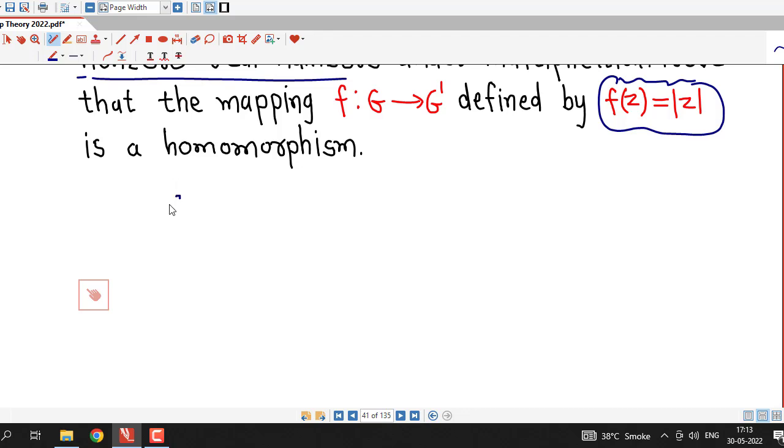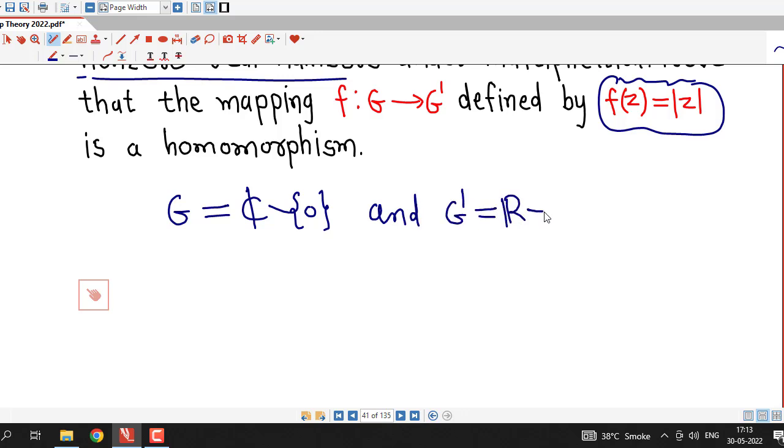So here group G is the set of non-zero complex numbers, and if we denote the set of complex numbers by C, then G is C minus 0. And G dash is the set of non-zero real numbers that we can write as R minus 0.